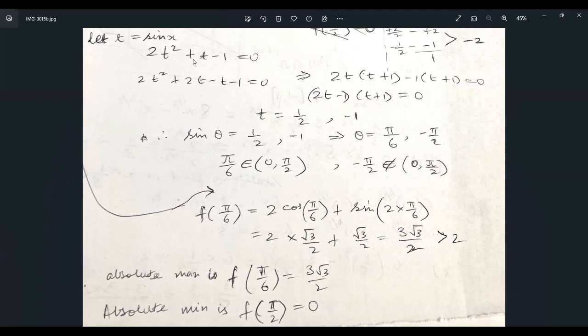So it's possible when we split the middle term in this fashion. I take 2t common and I have t plus 1 here. Then I take minus 1, t plus 1 here, and I have 2t minus 1 into t plus 1 equal to 0.